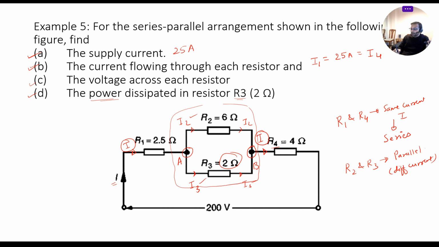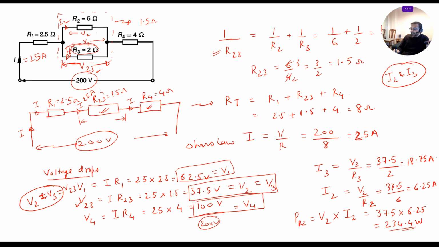Sorry, let's check that again. V3 will be the same, and the current will be I3. So I3 is not 6.25, it is 18.75.